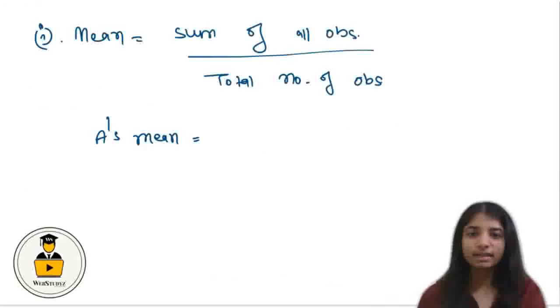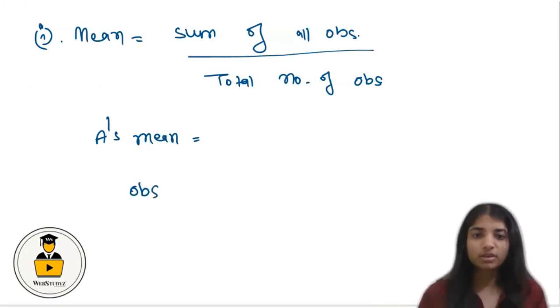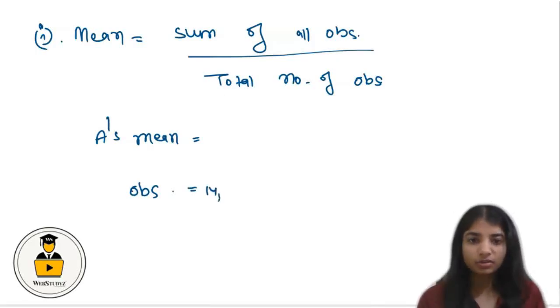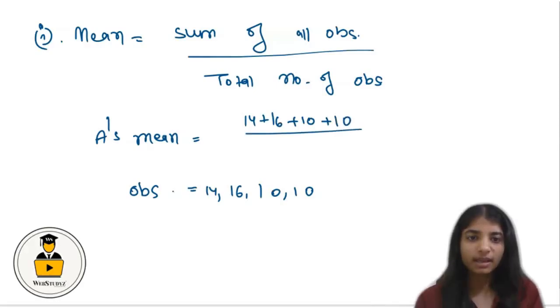So the observations for A are 14, 16, 10, 10. A's mean is equal to the sum of observations, that is 14 plus 16 plus 10 plus 10, divided by the number of observations.